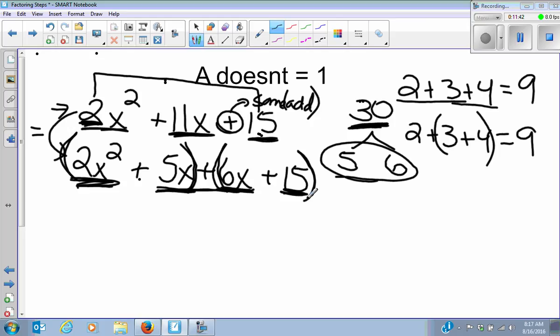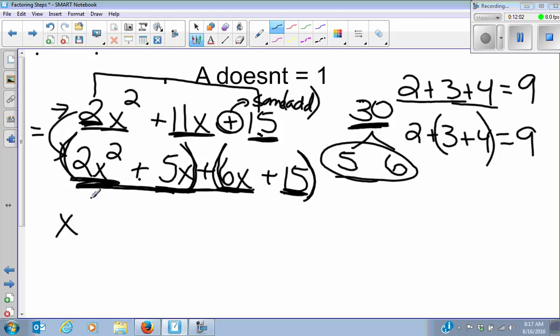Now, with this bubble right here, do you see anything that they have in common? Do you see a greatest common factor between 2x squared and 5x? They have an x. Do they have a number in common? No, 2 and 5 don't have any number in common, but they do have an x in common. So let's pull that out.